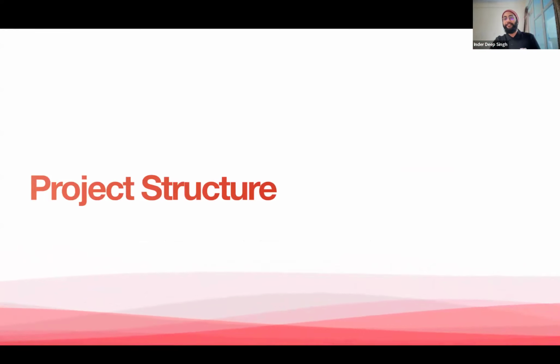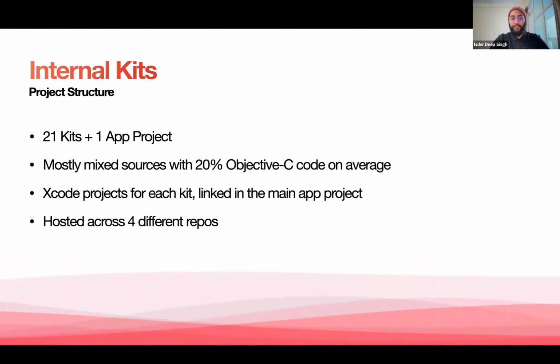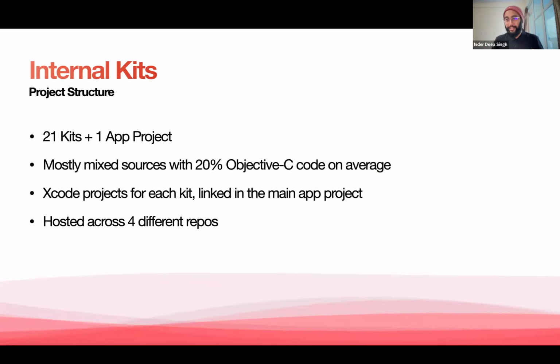So let's go into the migration and figure out what the project structure was before that. Just like I mentioned, for different use cases like UI, login, location, chat, payment, these are some components that we use across all of our apps. And for that, we have kits, which are our internal libraries.